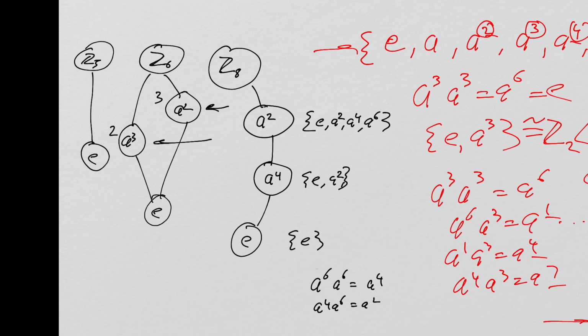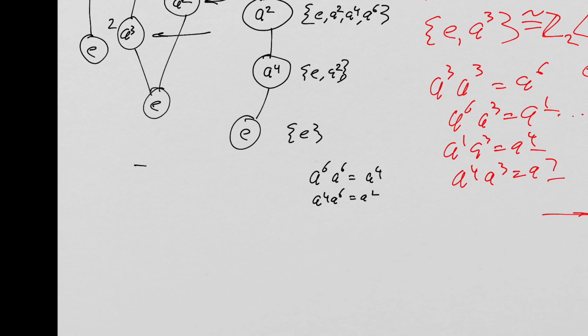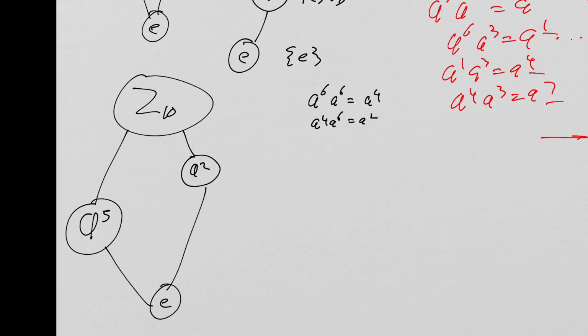So the structure of the subgroup lattices for cyclic groups is completely related to the factorization of the order of the group. So the factorization of 6, the factorization of 8, the factorization of 5. If we did this for 10, right, Z10, it looks a lot like Z6's. And of course, why not?